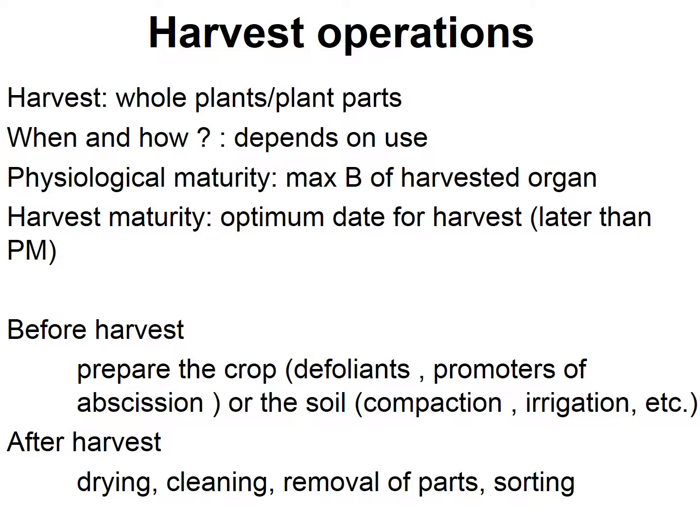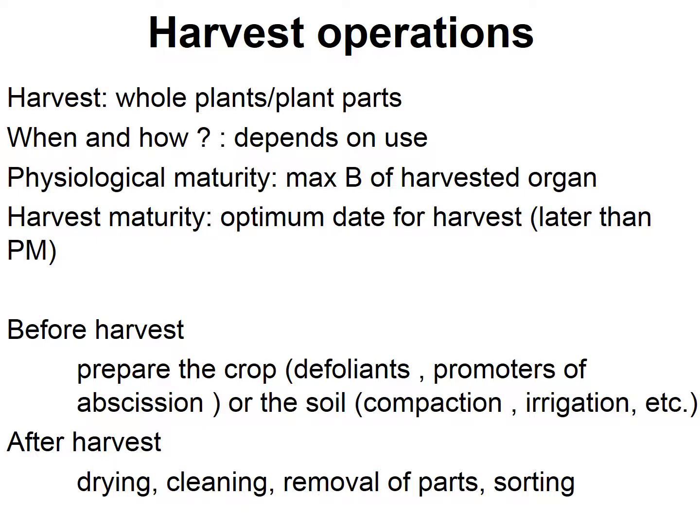However, usually it is not interesting to proceed to harvest at physiological maturity. We have to wait some time for the conditions to be better for the harvesting operations. That time is called harvest maturity, and it is always later than physiological maturity.